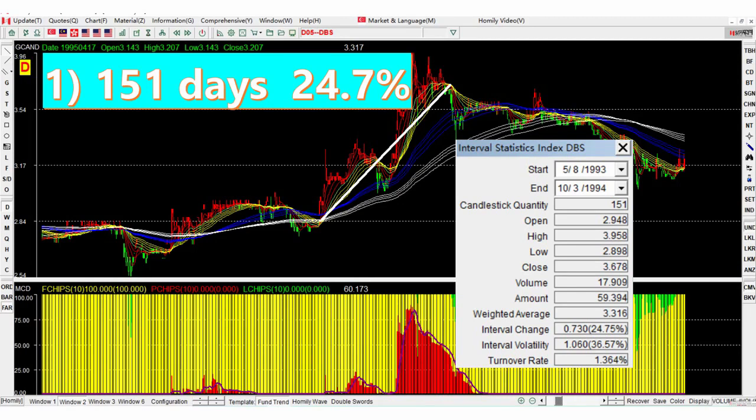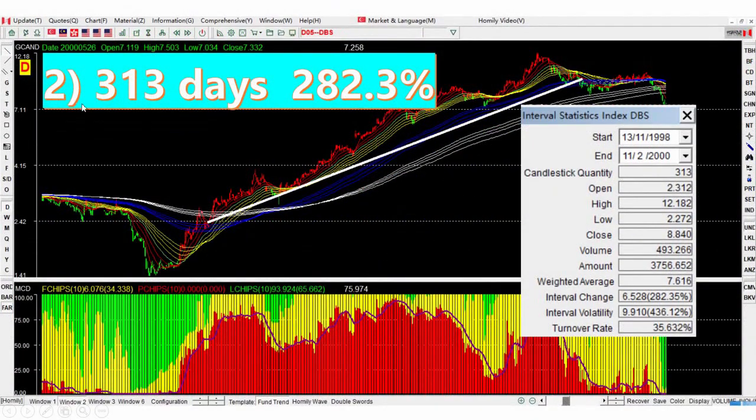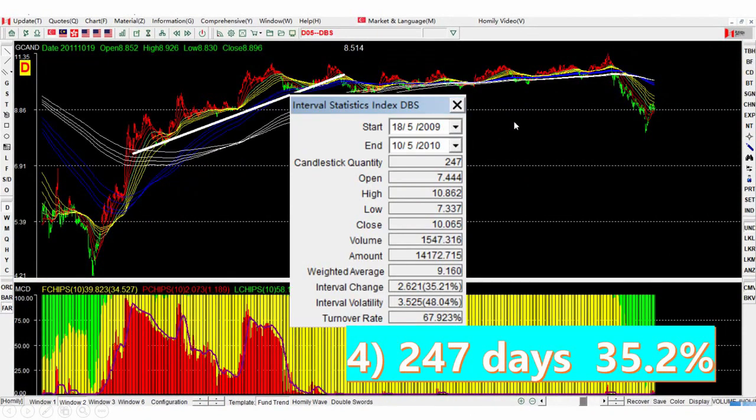According to this template, the first one is 151 days, profit is 24.7%. The second time is 313 days, profit is 282%. Third time is 1085 days, profit is 131%.